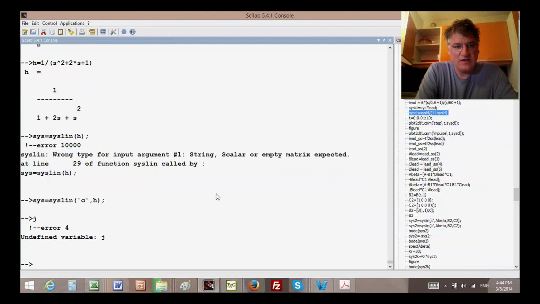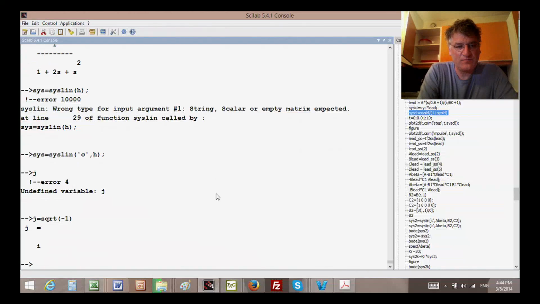So we're gonna write j equals square root of minus 1, so this is the traditional notation, and I'm going to write t is equal to a certain interval that goes in increments of 0.1 until about 30, for lack of a better idea.